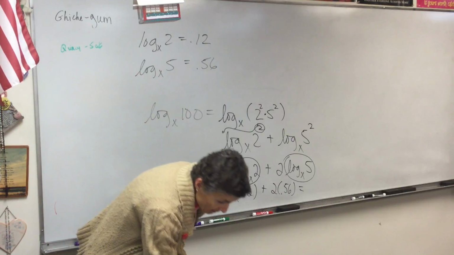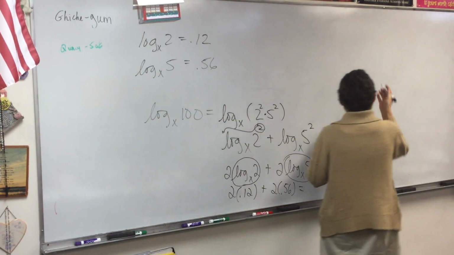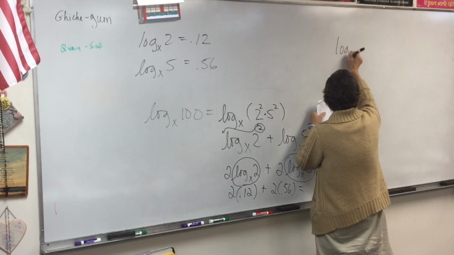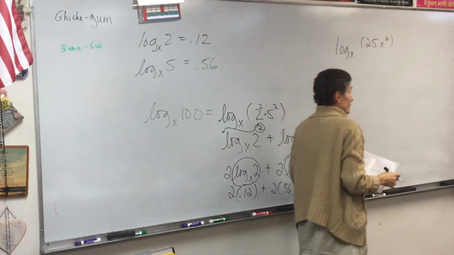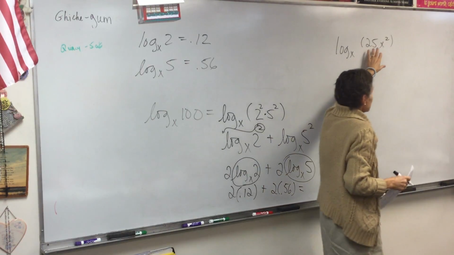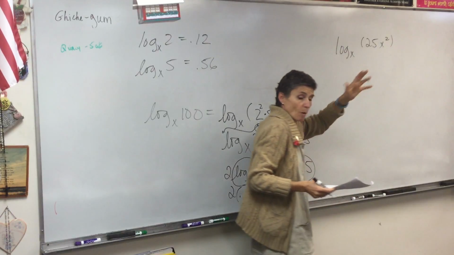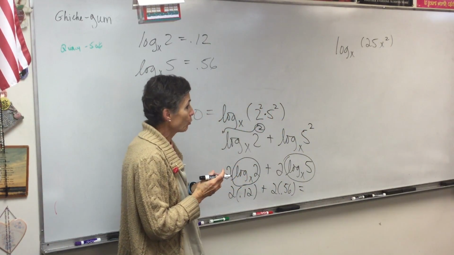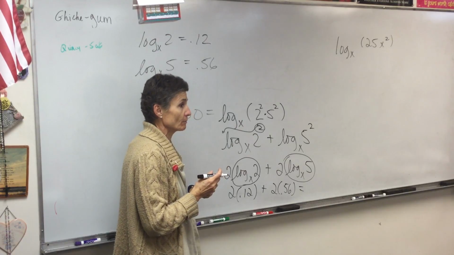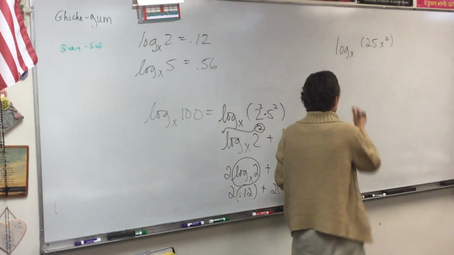Okay? Now, let's go ahead and do B also. There's a part B to that same question. So we need to do the same thing. They didn't give me this. I don't have a number to put in for 25x squared. So I have to break down 25x squared. How will 25x squared break down? 5 squared, x squared.